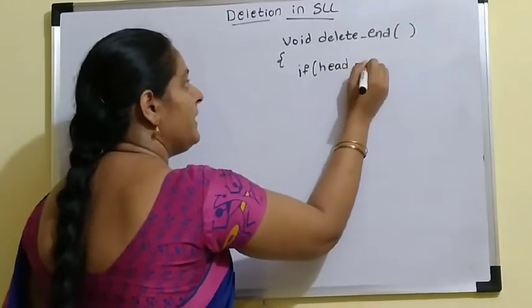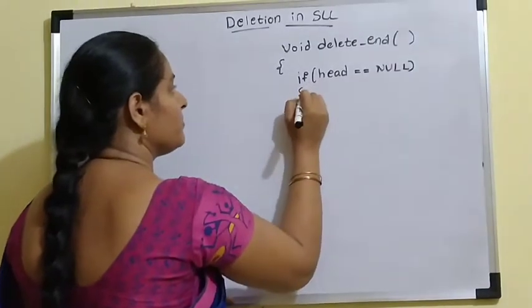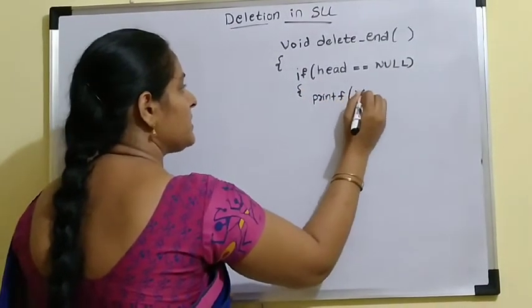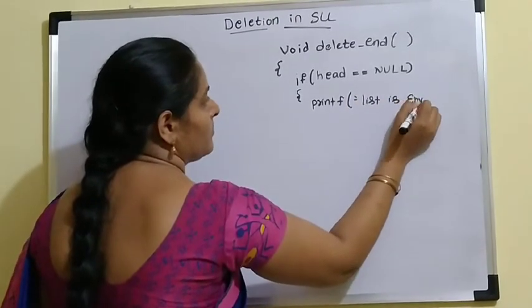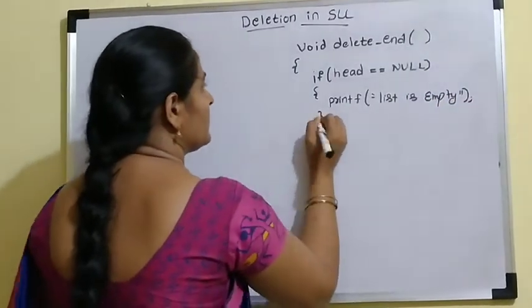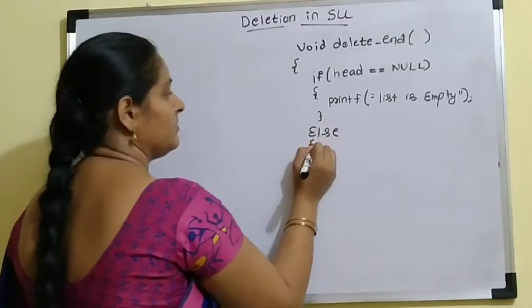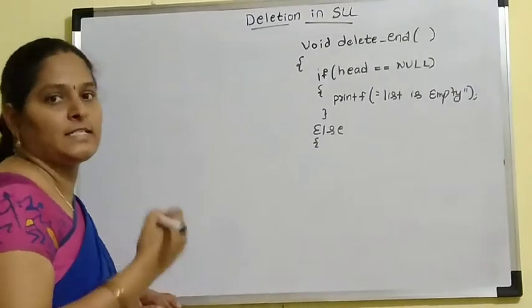If head equal to null, printf list is empty. If the list is not empty, then we need to delete the last element.